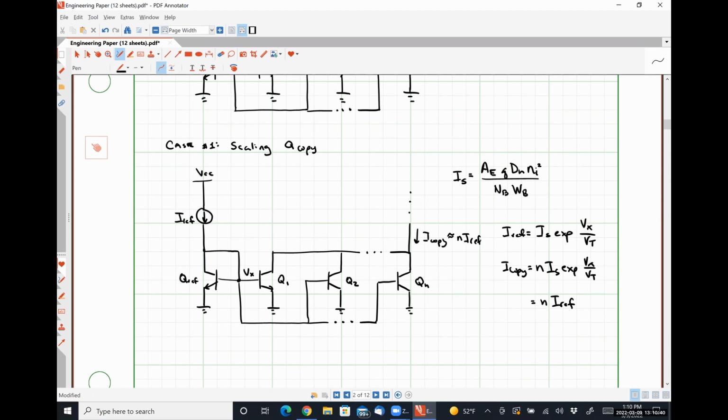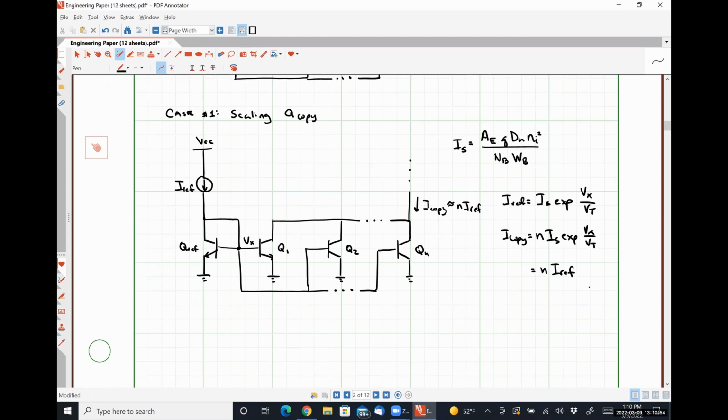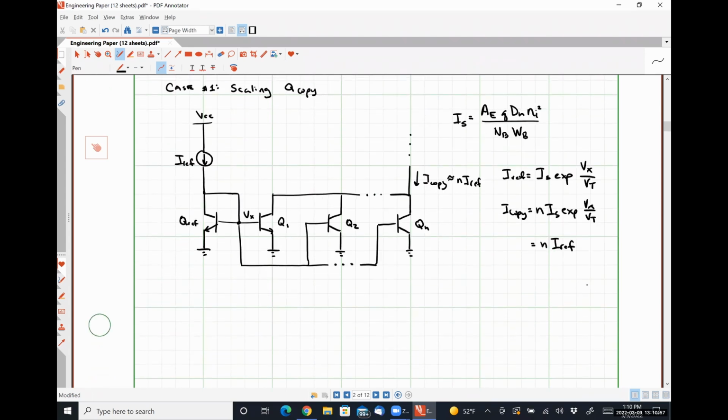So if we connect multiple copy transistors together in parallel, we can get integer multiples of our reference current, which is useful. Now let's talk about what happens if we scale our reference or sense transistor.